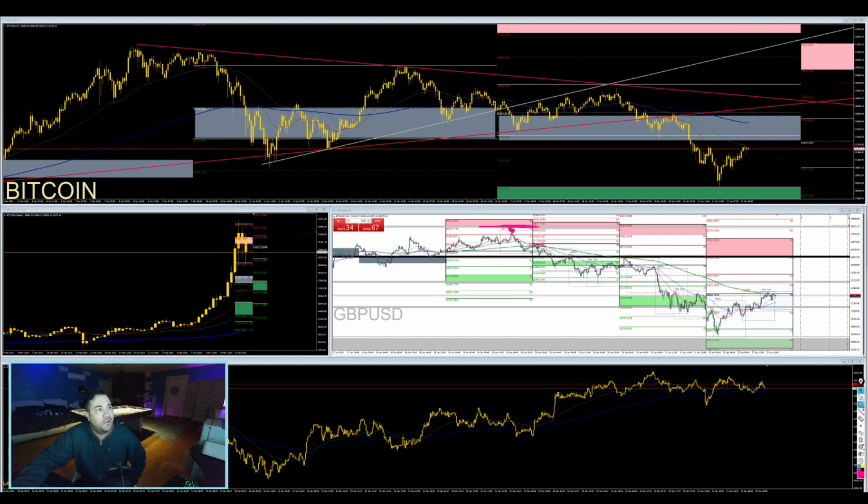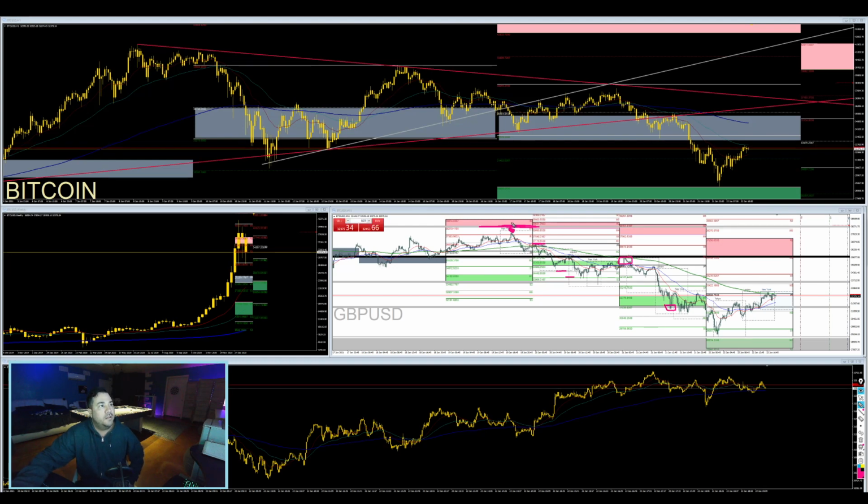Okay, so this is sell 1, and their take profit is either here or here. A couple of different take profit levels for them. Then their next sell is right here, and their profit target was right here.